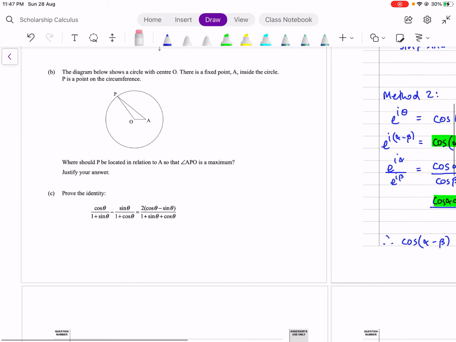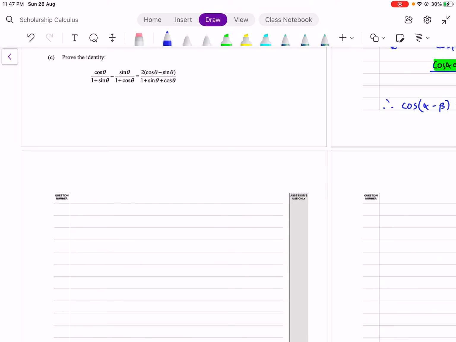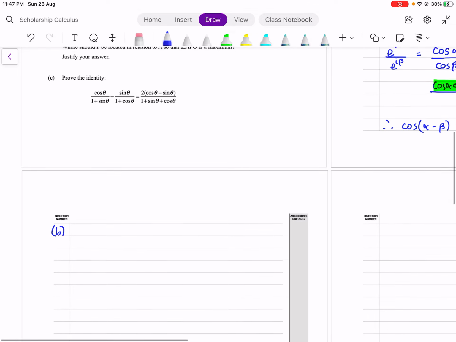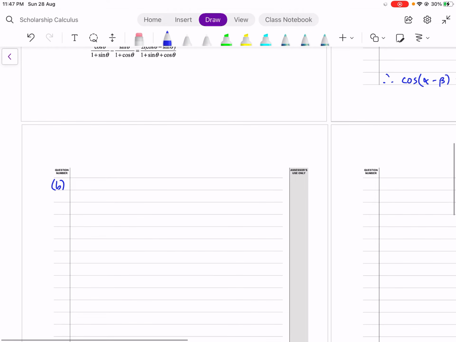So, let's draw out that triangle again. I'm going to put A somewhere random, put P somewhere on the circle. I don't know that this is the right angle at the moment.